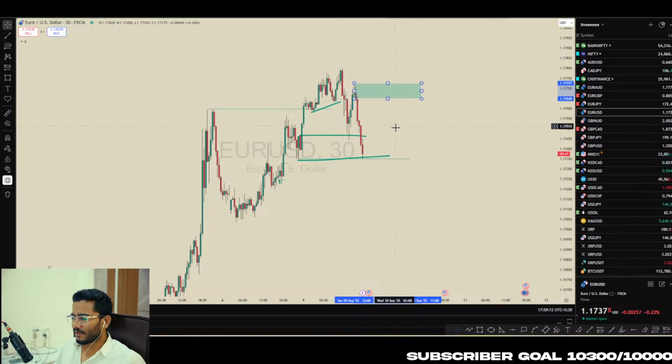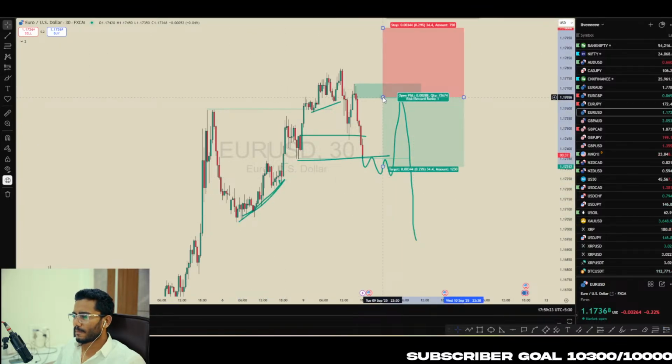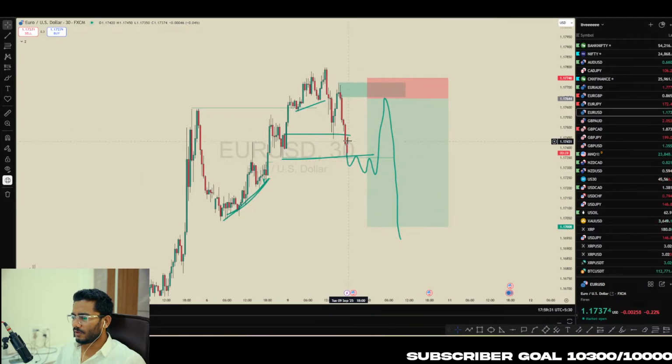If DXY breaks that high, then only we look for sell side, and it should take out all this liquidity. So we can look for a setup like this, 1:6. We need to see a breakout structure, then price will create some kind of liquidity, it should consolidate, and then only we look for entry. Okay.